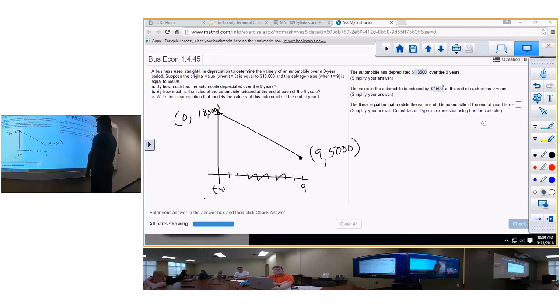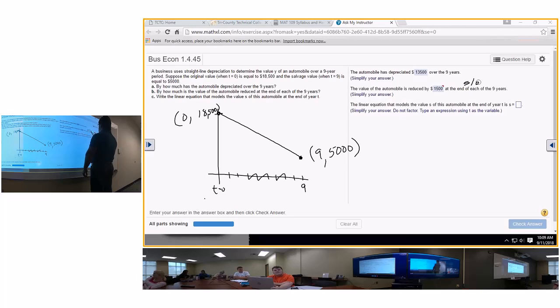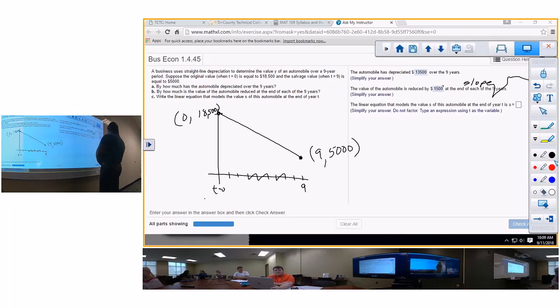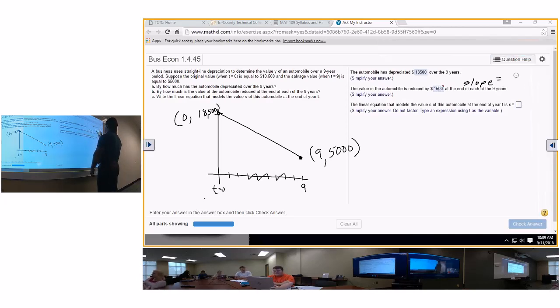I thought it was the slope, and it is the slope. Slope is equal to delta y over delta x. Why don't they just ask for the slope? Some of these questions are just stupid. All right, which is equal to y sub 2 minus y sub 1 over x sub 2 minus x sub 1.